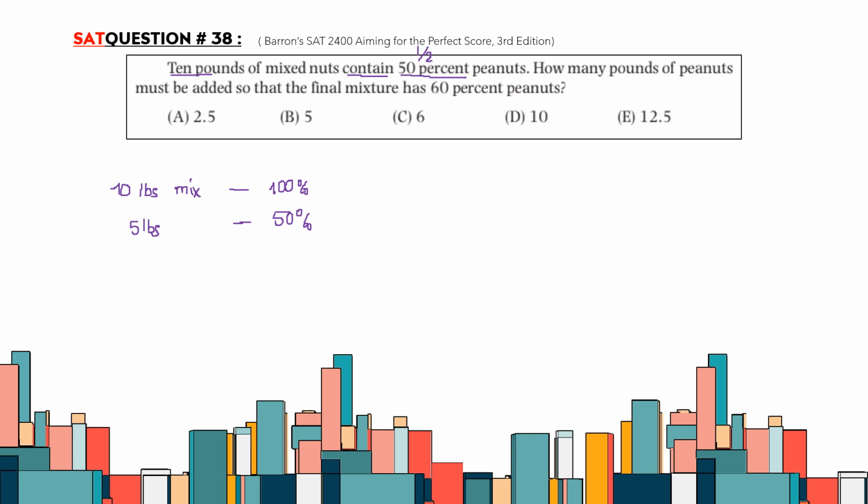How we find out what is 5 pounds is also easy if we remember that 50% is 1/2 of what we have. So we set it up like this. We have the peanuts right here, and this is the mix. In that 10 pounds, we have 5 pounds of peanuts, and the mix is 100%.